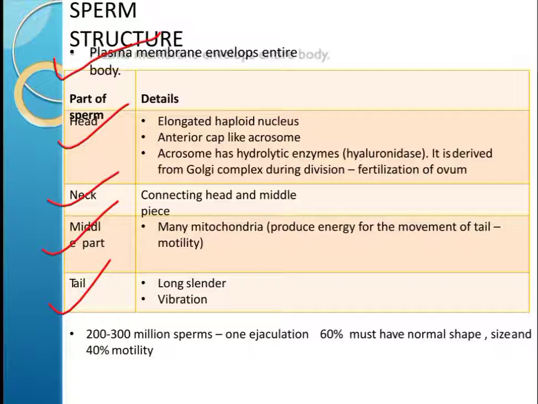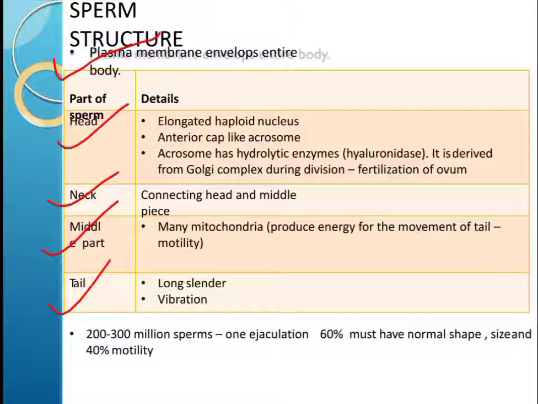The spermatozoa swim by vibrating their tail in a fluid medium in search of ova. If a sperm fails to contact an ovum within a specific period, it exhausts its energy and dies.